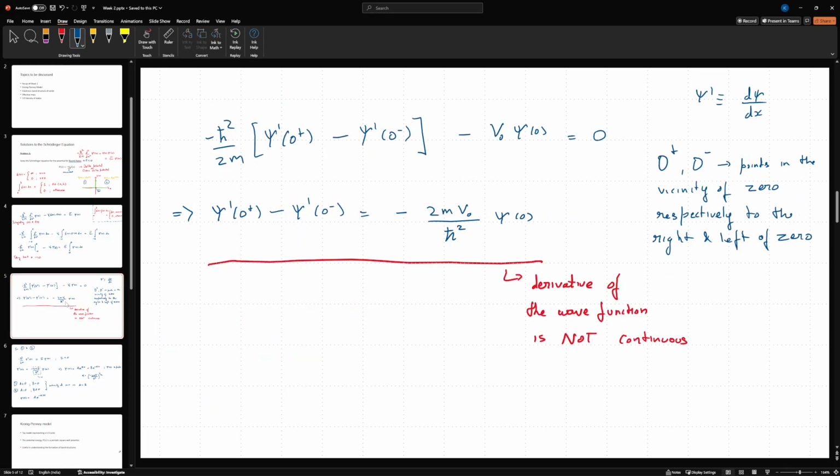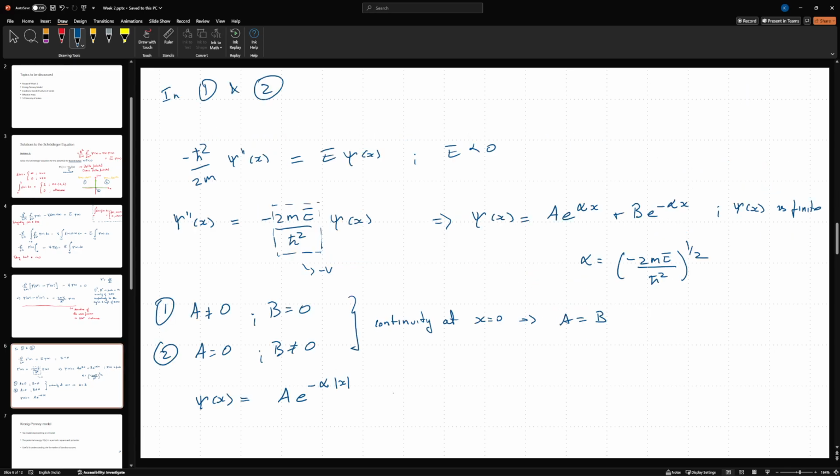Now, how do I find the value of a? For that, we can use this equation right here. From this, I know psi of 0 is equal to a, because it will be e to the power minus alpha times 0, which is 1. And additionally, d by dx of psi, essentially psi dash of x, is going to be a e to the power.